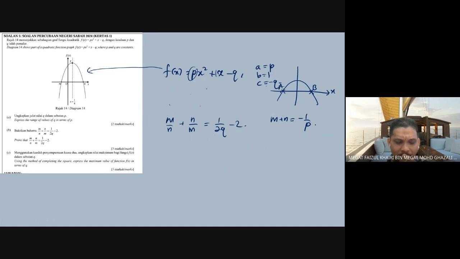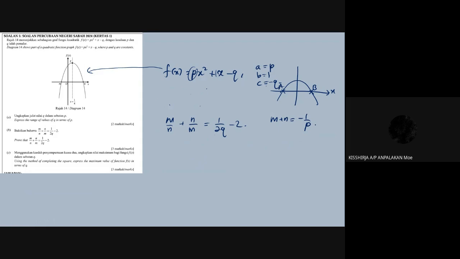Sometimes it's just because the pattern of the question is not very familiar. We can try to put x as negative 1 over 4, right? We substitute that into the equation px squared plus x minus q, and then we will be left with y.